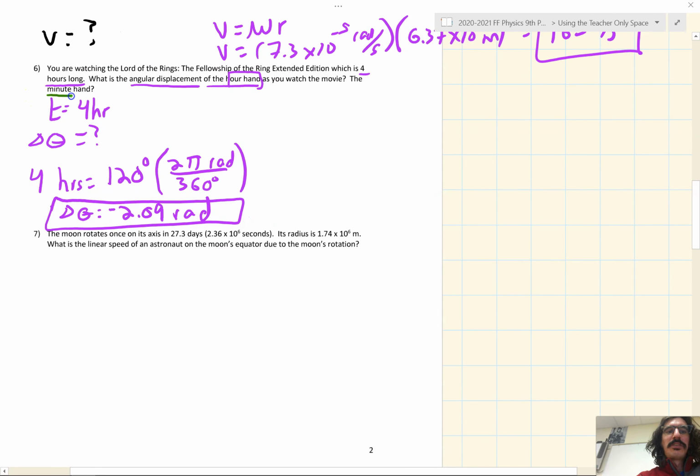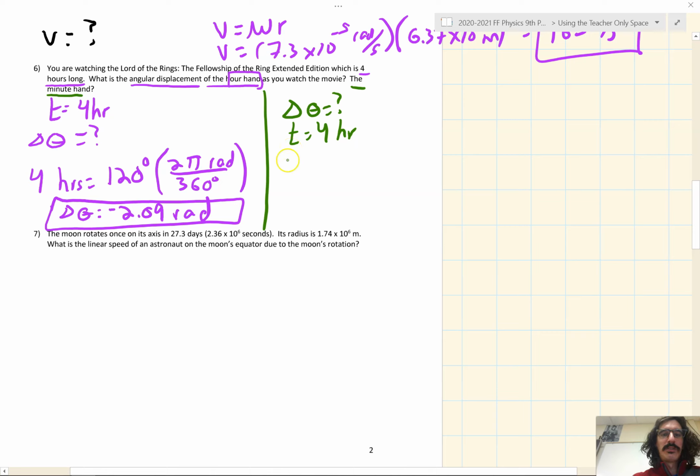We can also measure the angular displacement of the minute hand. Again, the time is still 4 hours, but this time the minute hand is going to rotate around 4 times to give us 4 hours.